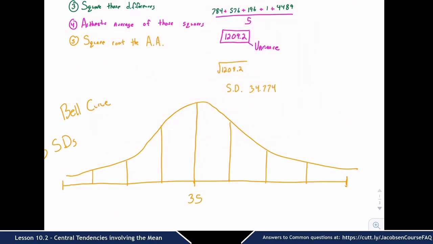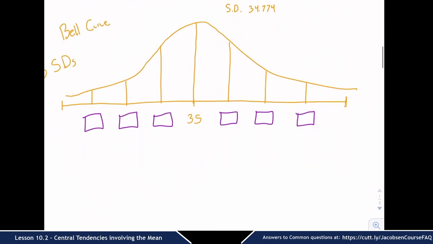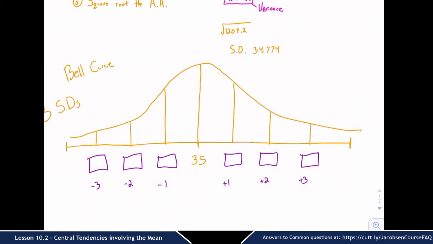And all that's left to do then is to find the values that represent each of those standard deviations. The way we go about finding those is each of those boxes refers to a counting number of standard deviations above the mean or a counting number of standard deviations below the mean. So to find those values, all we need to do is add our standard deviation to our mean.